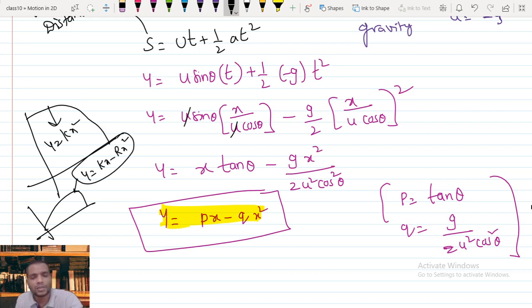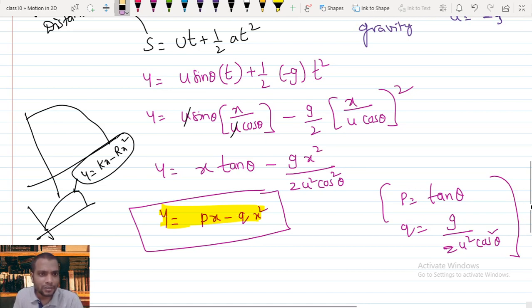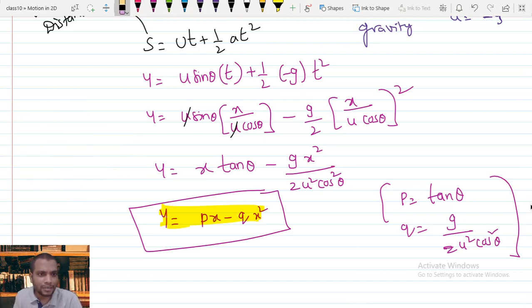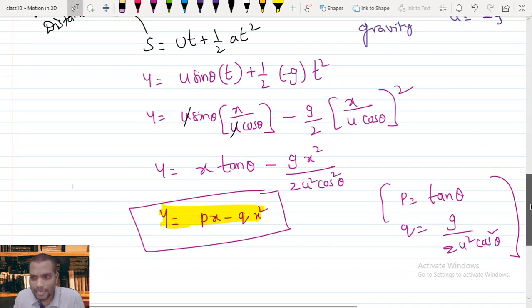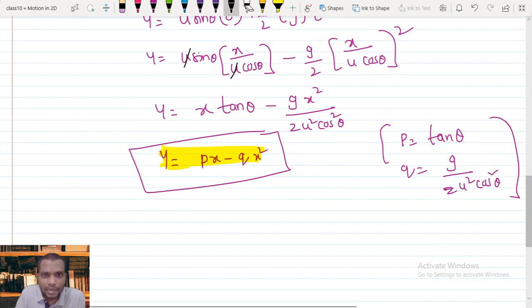This is also a mathematical projectile expression, the general form. Take this equation as granted, since we don't know much about it in mathematics. We will learn it in the course of time. Till then you can trust me and I can directly write it here.